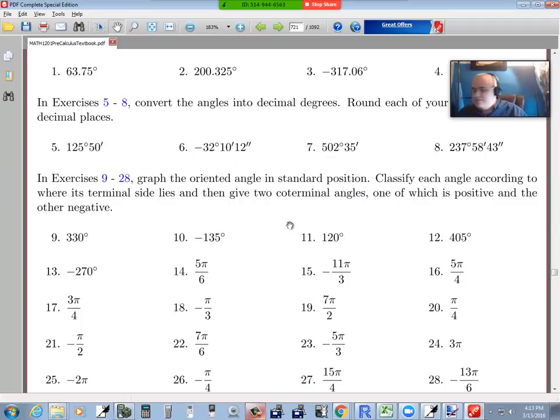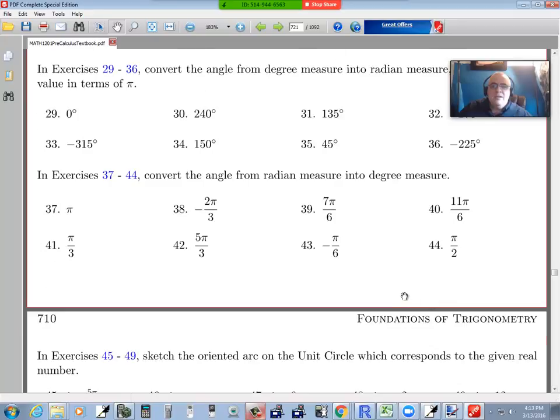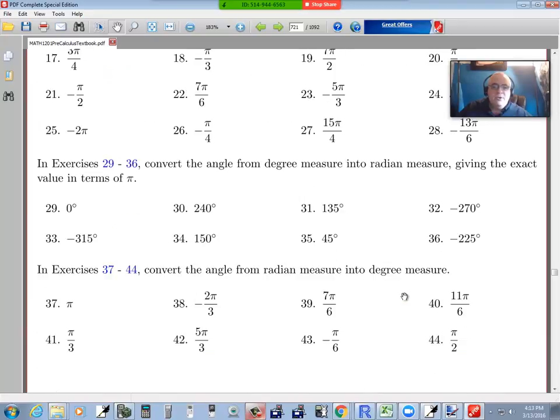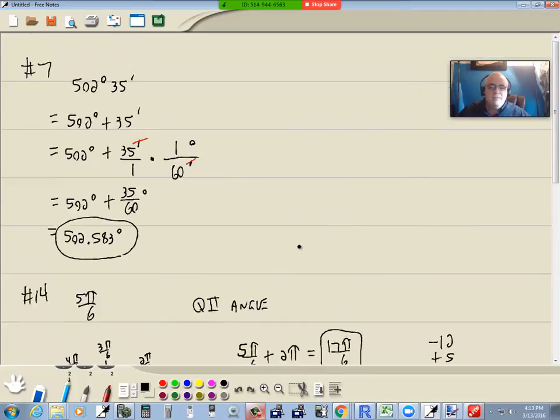Okay, so next one is 31. What's 31 say? Convert the angle from degree measure into radian. So 31 is 135. Let me clear this off.